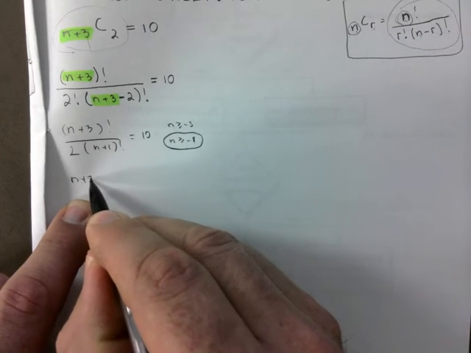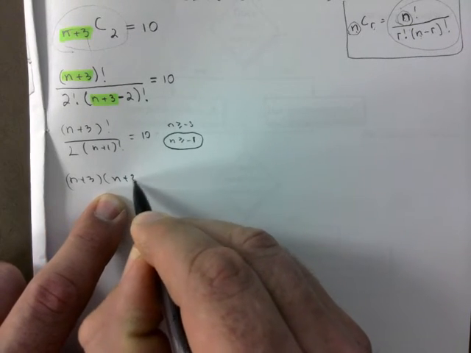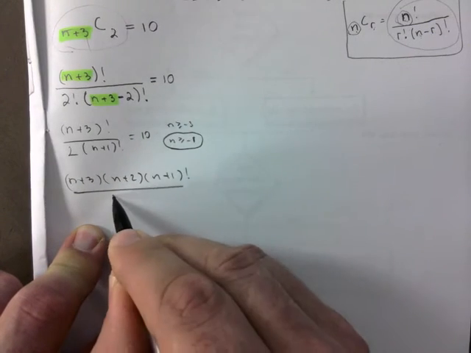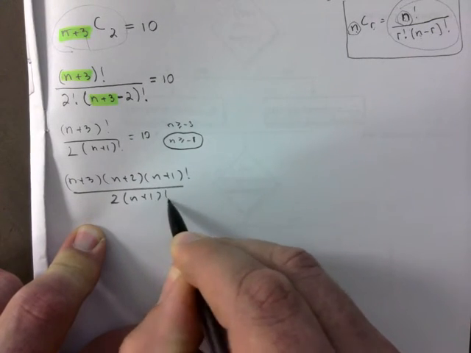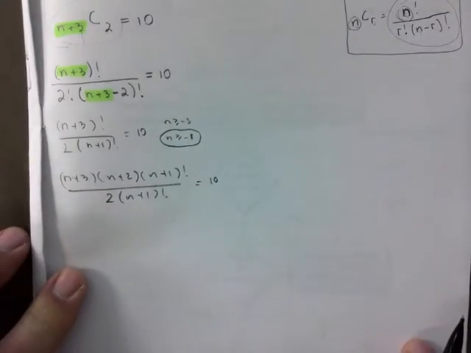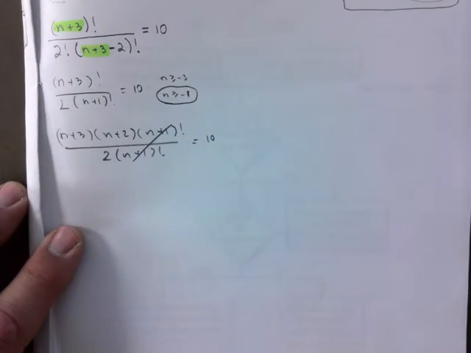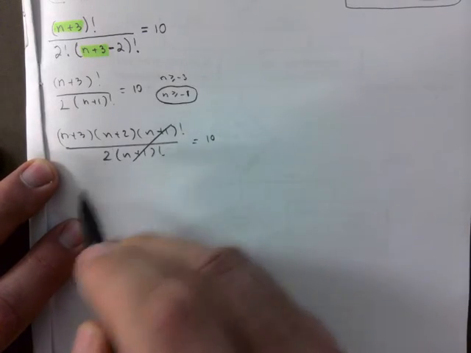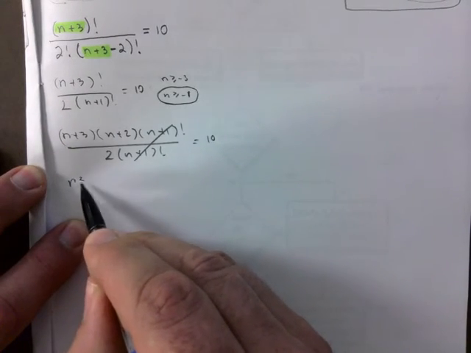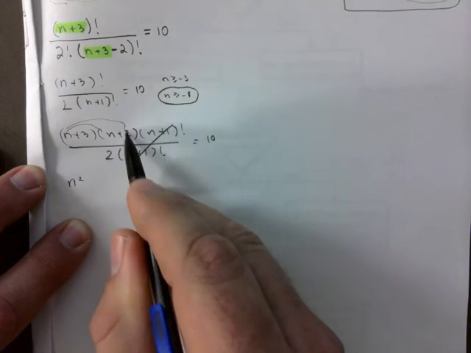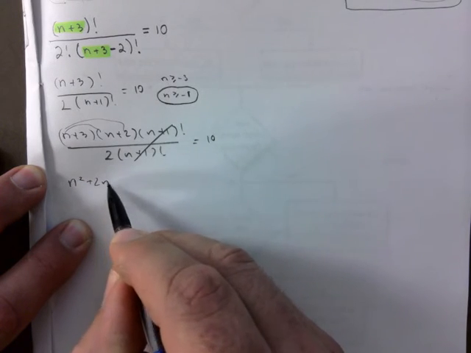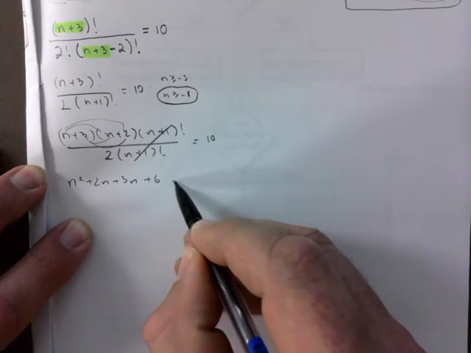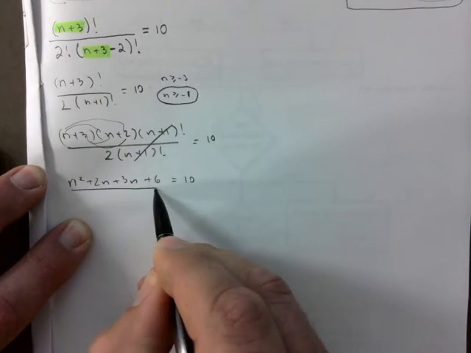So then we will expand the greater expression. So n plus 3 times n plus 2 times n plus 1 factorial over 2 times n plus 1 factorial. Okay, we cancel out the n plus 1s. Allow me to FOIL this out already. So n squared plus 2n plus 3n plus 6 is equal to 10 all over 2.